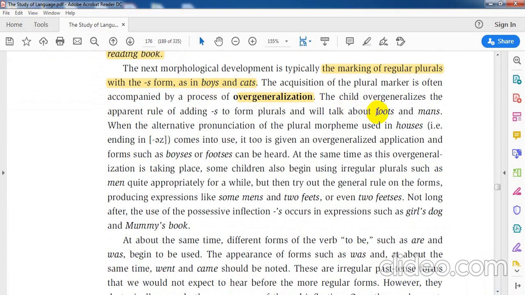But with some irregular plural, like the noun foot, it should be feet, but the child is not capable of using this type of plural. What he is able to do is to overgeneralize the -s here. So instead of feet, that child might say foots, as well as instead of men, that child might use mans.